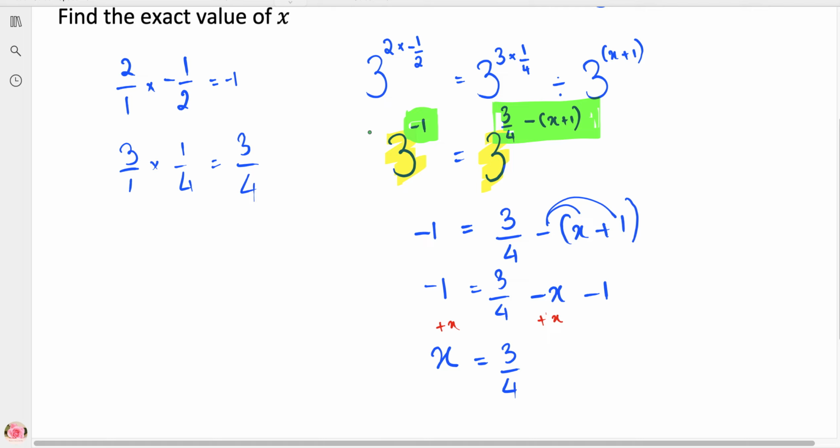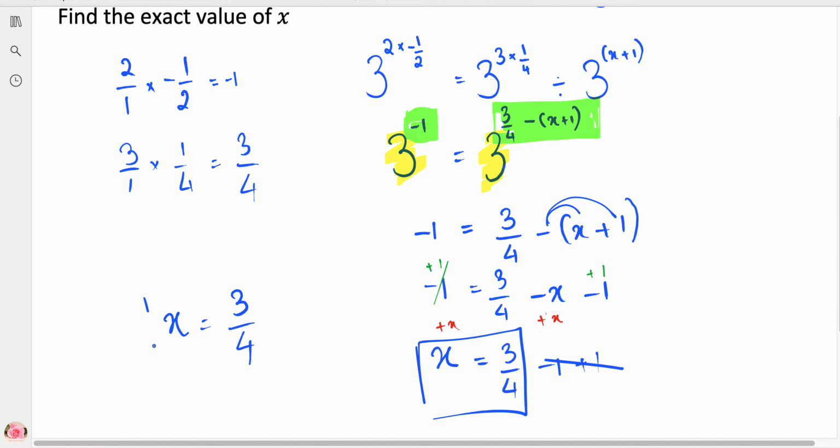And then what you need to do next is add a 1 on both sides to get rid of that. So that's gone there and that's gone there. What you are left with is 3/4 minus 1 plus 1. That cancels out. So x is equal to 3/4. I'll just rewrite that. x is equal to 3/4.